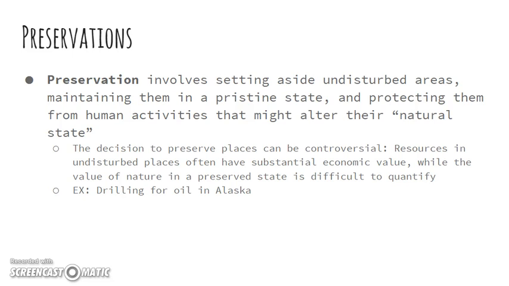Resources in undisturbed places often have substantial economic value, while the value of nature in a preserved state is difficult to quantify. So for example, there's a big controversy about drilling in Alaska for oil. There's a lot of crude oil in Alaska, but it sits below natural resources and natural wildlife preservations.